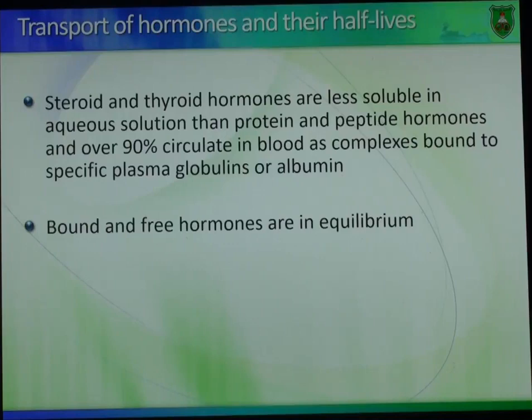And most of them actually circulate in blood, complexed with other proteins like plasma globulins as well as albumins. And remember that albumin can bind to many, many molecules. So the free hormone, which is minimal in the blood, and bound hormone as well, they exist in equilibrium.